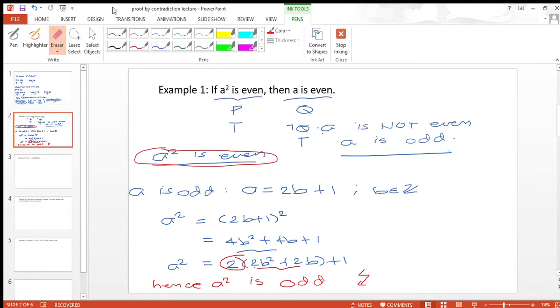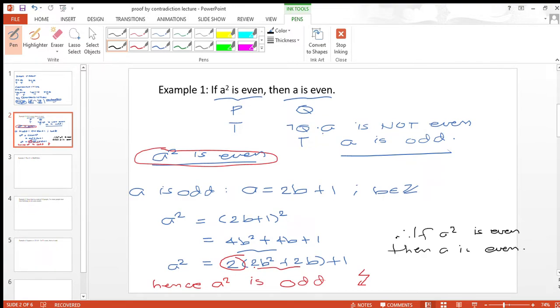So, since we have obtained a contradiction here in this line, then we can now conclude that if a squared is even, then a is also even. Okay, there you go.